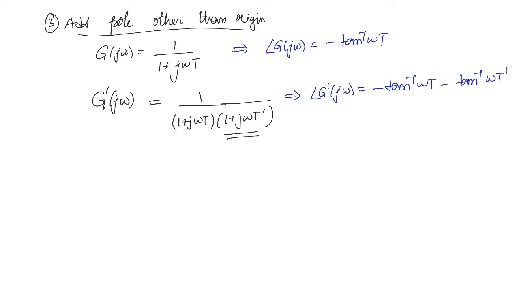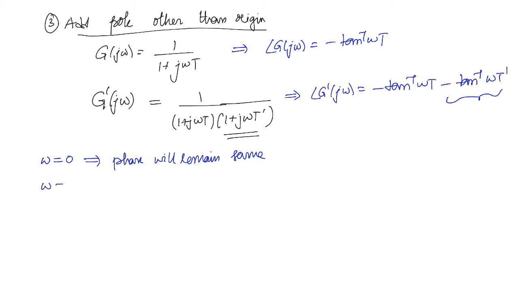This is the extra term. Now what will happen? At zero frequency the phase will remain the same, because tan inverse omega T dash will be tan inverse 0, so there is no change in the phase.